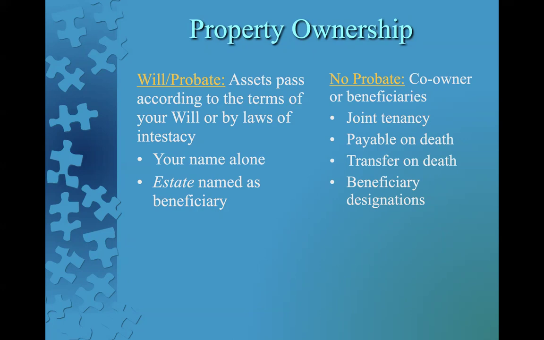Similar to POD is transfer on death. And so this would typically apply to something like a brokerage account, something with stocks and bonds. So with a transfer on death designation, instead of cashing out the stocks and bonds, everything is simply transferred in kind upon your death to the designated beneficiary or beneficiaries. And then, of course, the most common types of beneficiaries that we think about are beneficiaries on retirement plans and on life insurance policies.